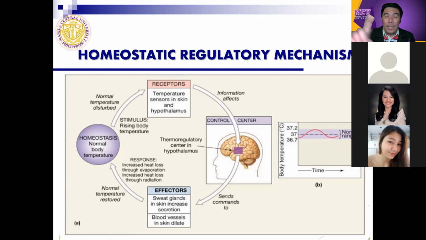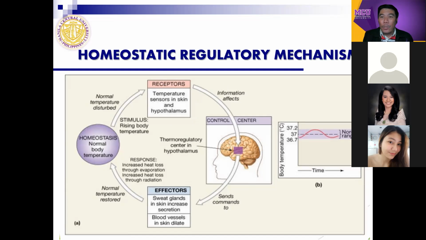However, since the supposed control center is the one being affected, that is now the problem. The information that will be coming from the circulatory system, specifically the blood vessels, must be transmitted to the control center, which is the brain. So even though the receptors in the blood vessels of the circulatory system will transmit the signal to the brain, the brain itself is the one that is being damaged.